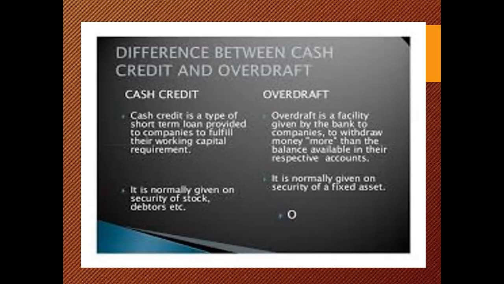In the case of cash credit, they are giving them a loan, and it is normally given on security of stock and debtors. In OD, banks offer it without any security, or else they keep any of your fixed assets as security. So this was cash credit and OD.